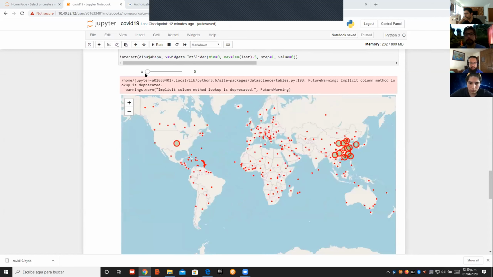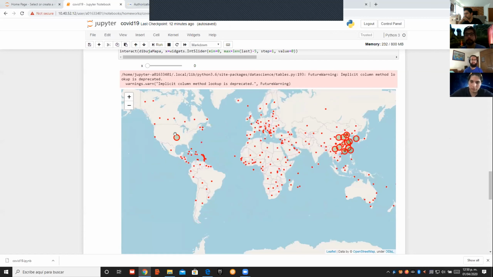With this slider, you can go through the days. Every day you have the circles drawn, and if you check the label of a circle, it shows the country. If we have the region, the region is also specified, and the total is the total for that country.